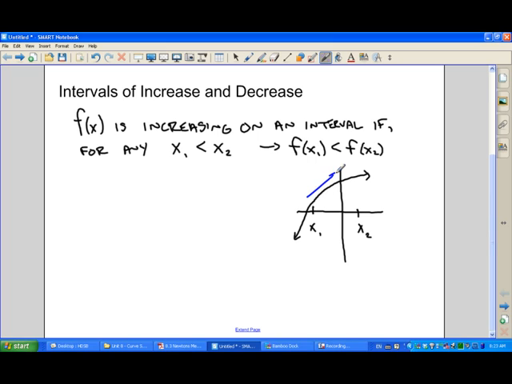So overall the function is increasing between x1 and x2. Okay, so that's how we can tell if something's increasing.